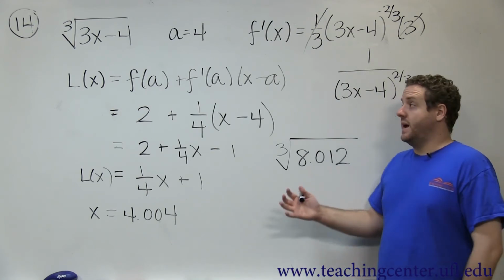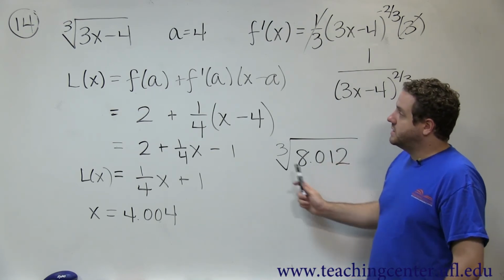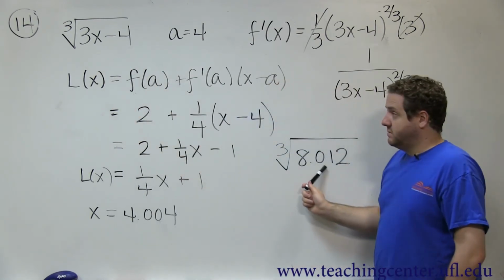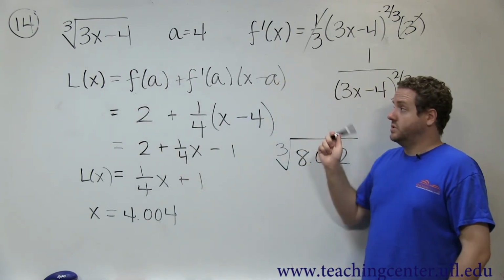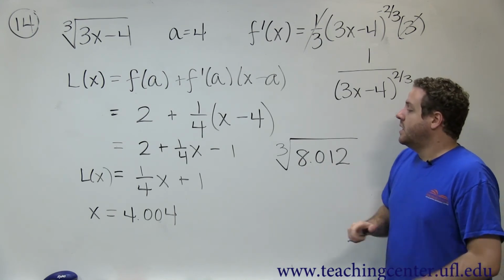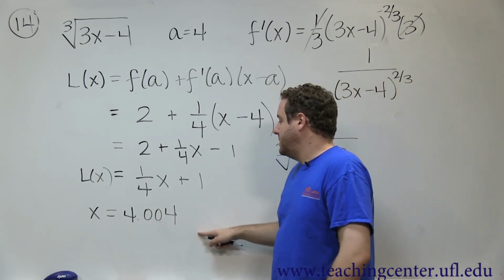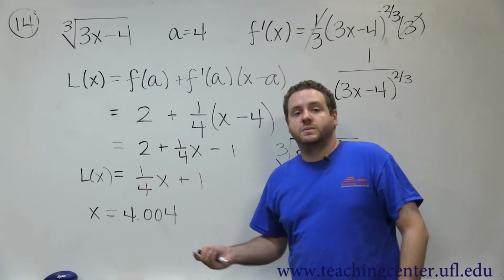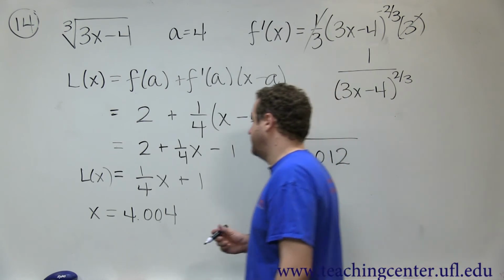Well, that's not your x. That's what you're trying to approximate. So your x is whatever you need so that this is in the function, which is not the case if this was x itself. So what we do is we plug in 4.004 for x, and the linearization will approximate the answer for us.